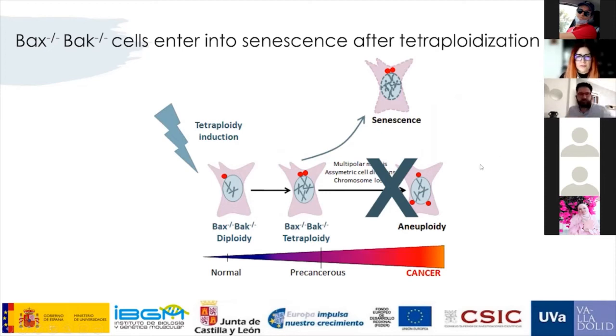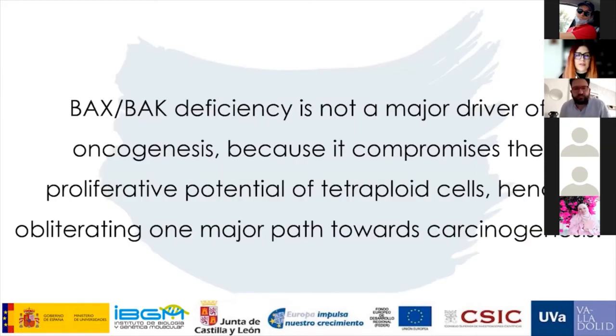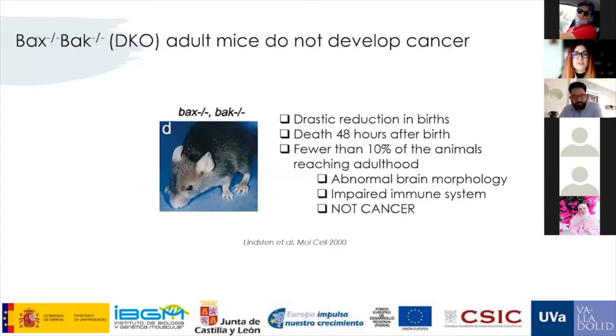So, in fact, what we can say is that BAX and BAC deficiency is not a major driver of oncogenesis because it compromises the proliferative potential of tetraploid cells, hence obliterating one of the major paths towards carcinogenesis, as is the tetraploid. And this is consistent with the fact that double KO BAX BAC adult mice do not develop cancer.